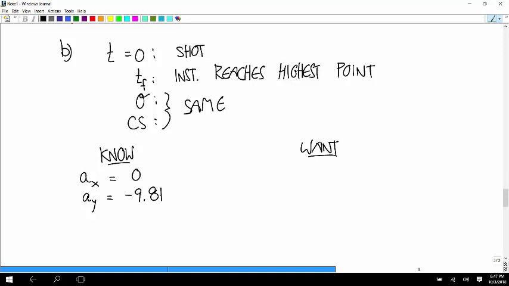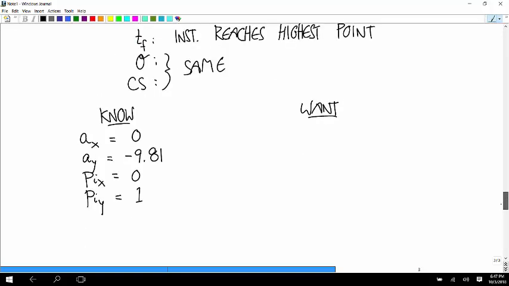The initial position, we know. PIX is 0. PIY is positive 1. The final position, we don't know how far it's gone horizontally when it gets to the highest point. And we're looking for how high it is vertically. So PFY goes over here.